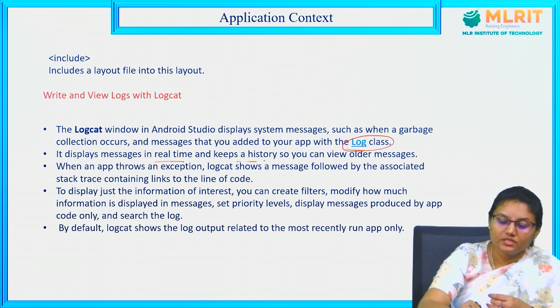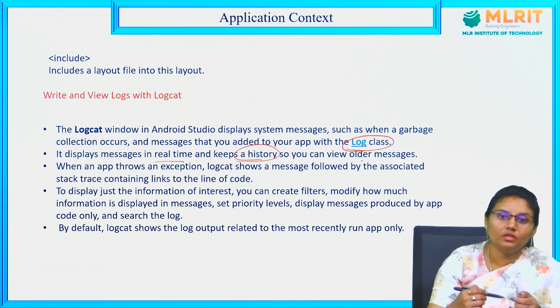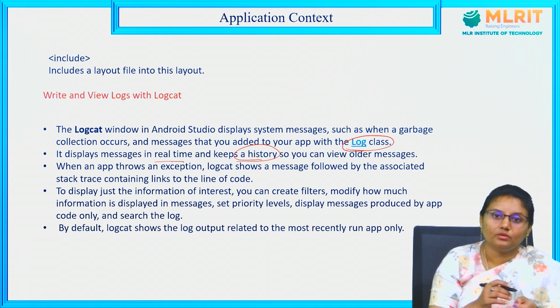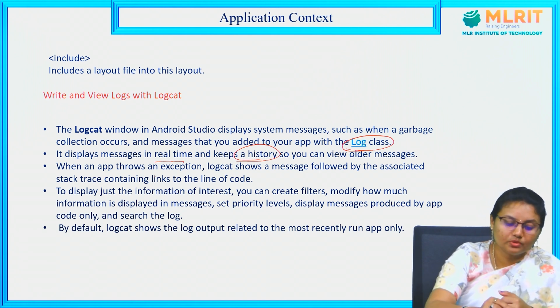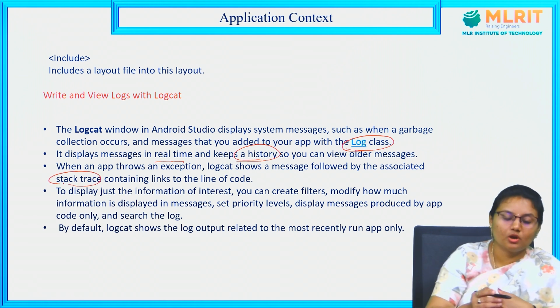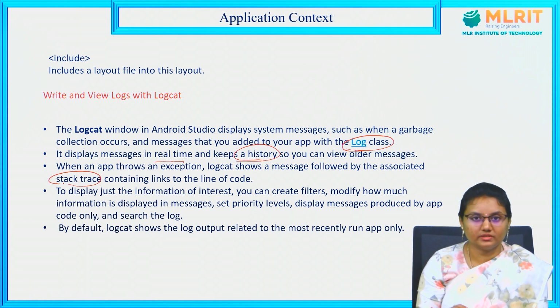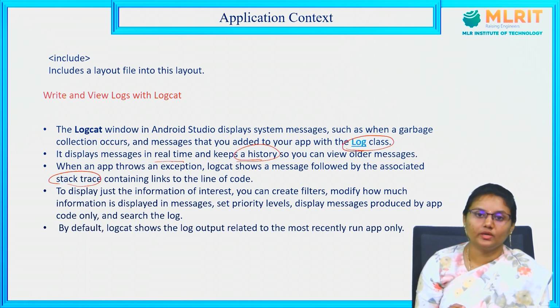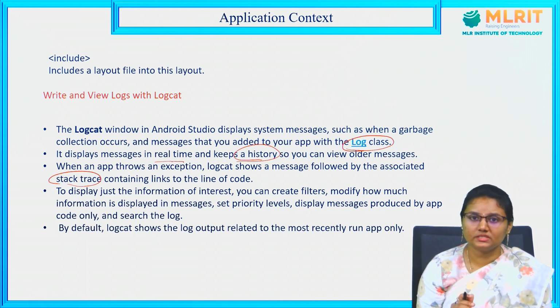It keeps a history so that you can see all the older messages, who created them and when they were created, everything. When an app throws an exception, logcat shows a message followed by the associated stack trace. We also have different options. Among them, one is the stack trace, and you can stop the logcat or start the logcat.